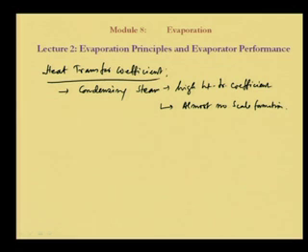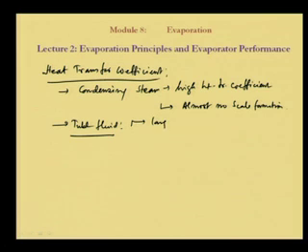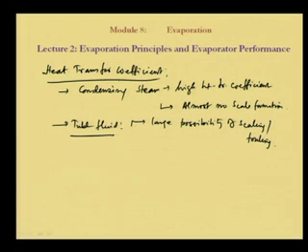Apart from corrosion, there is no scale formation over here, but for the tube fluid there is a large possibility of scaling. So, that is very important, that we should see that scaling, or we can say fouling. So, that is the large possibility of scaling or fouling.